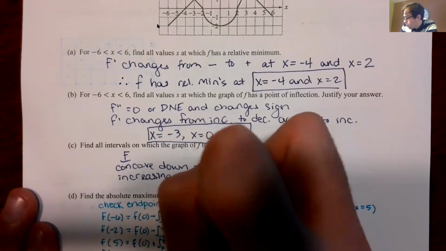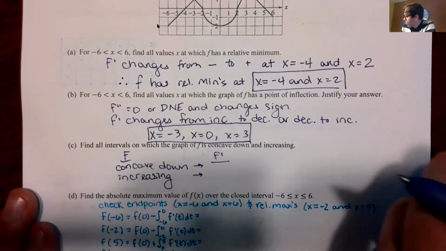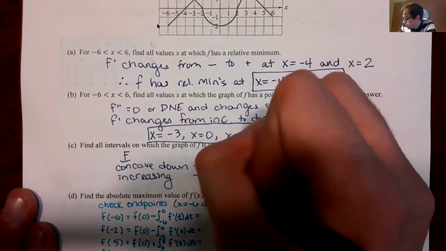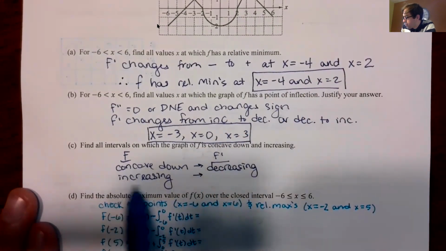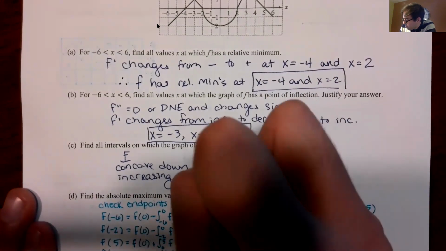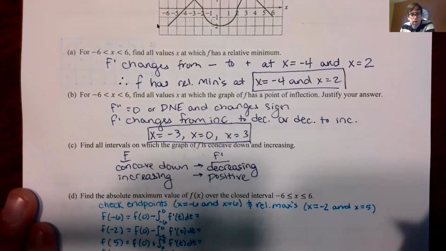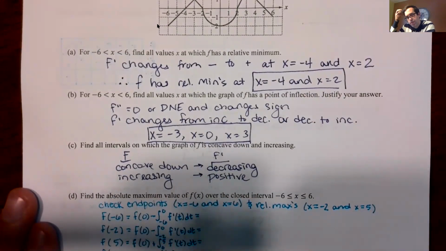So I want to know what on the f prime graph is going to cause this. If the f graph is concave down, the f prime graph is decreasing. And if f is increasing, the f prime graph is going to be positive. And this, again, you can get from that chart that we drew in example 1. Go back and look at that part of the video if you didn't write that down.